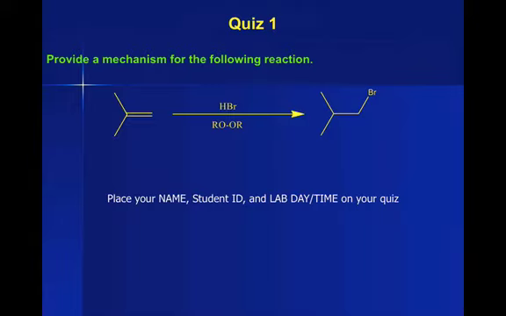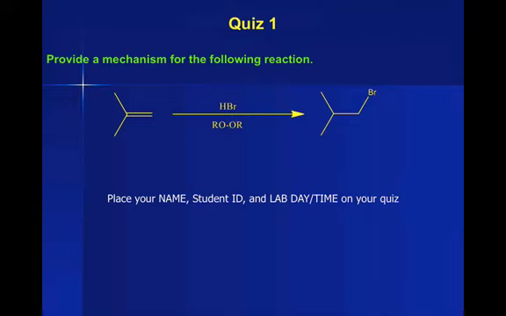What are possible termination steps? There's many of them, but what possibly could happen in a termination step? I am running out of initial materials, that's right, but what things can come together to terminate? What two radicals? Two bromine radicals could come together, that's right, that could be a termination step. Two of these carbon radicals could come together and be a termination step. A bromine radical and a carbon radical could come together and be a termination step.